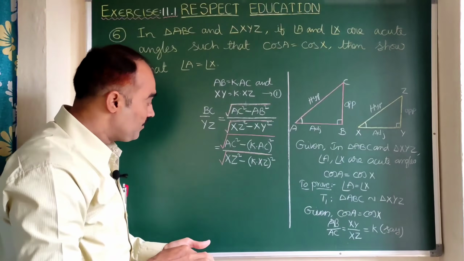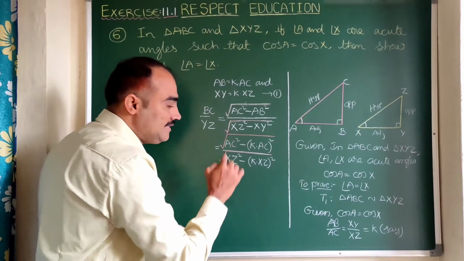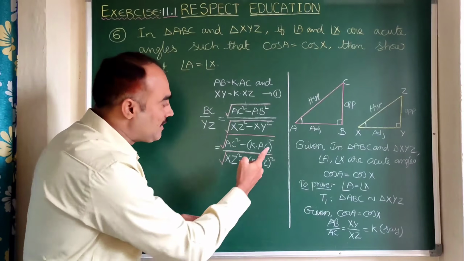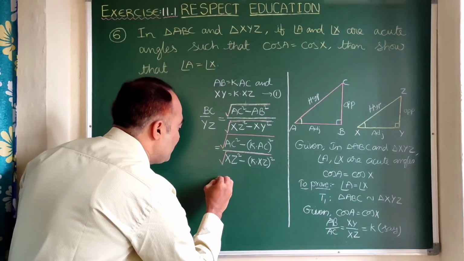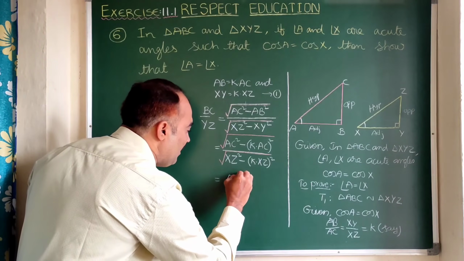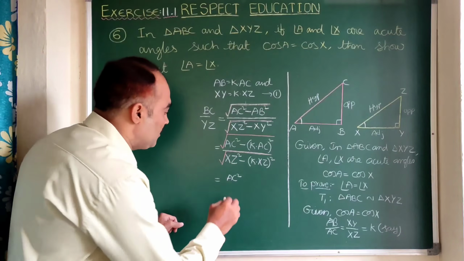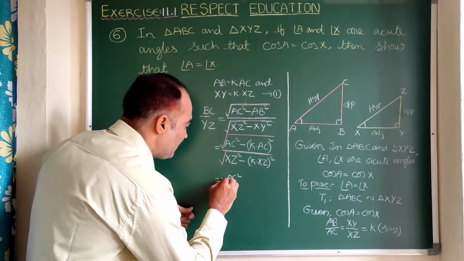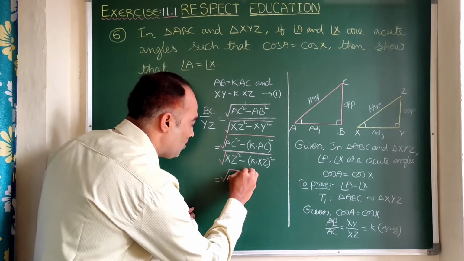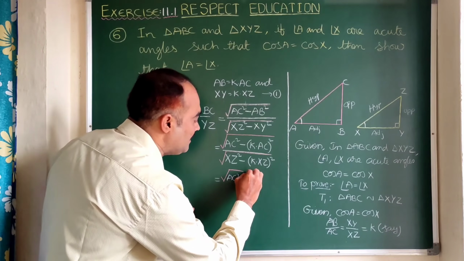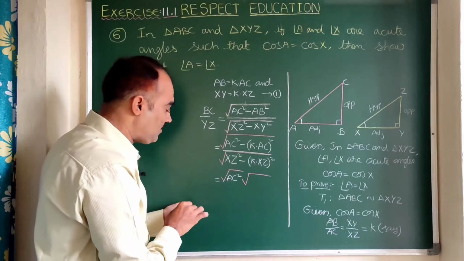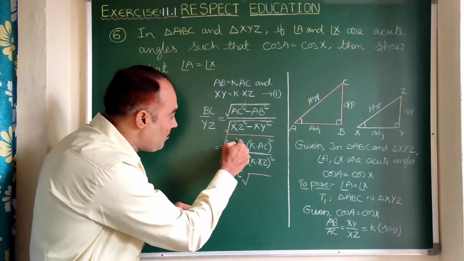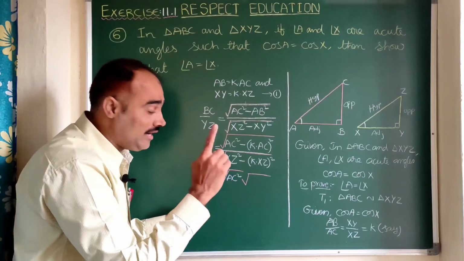Now here this is AC square minus K square AC square. I am taking AC square common. So if from here to here root can be splitted up to AC square one root, and here if I take AC square common, here what is left? Here AC square completely went off as common. Here what is left in this place? 1 is left.